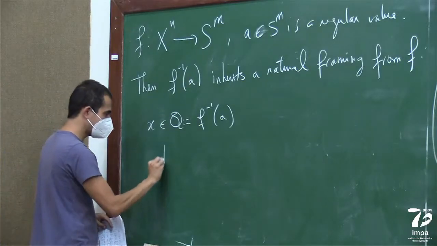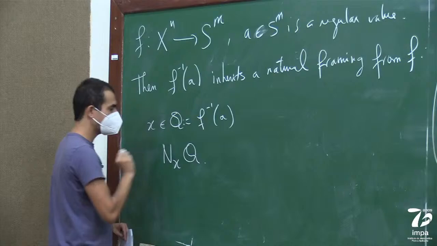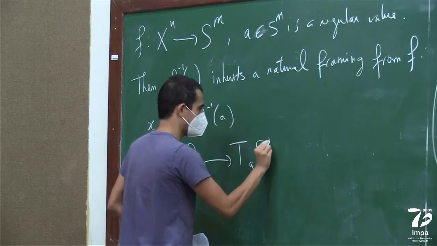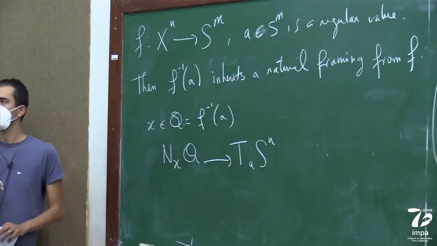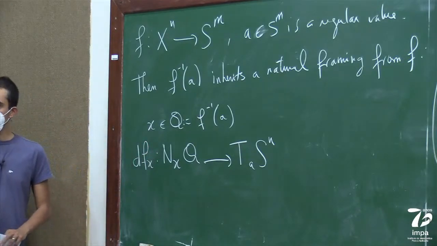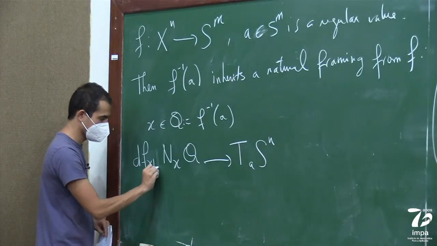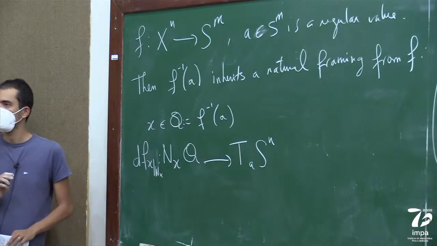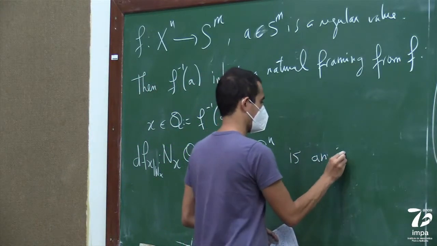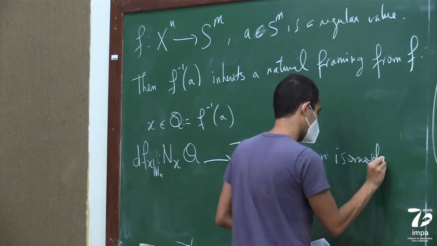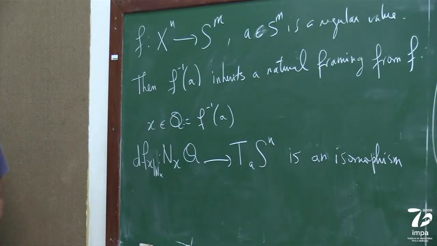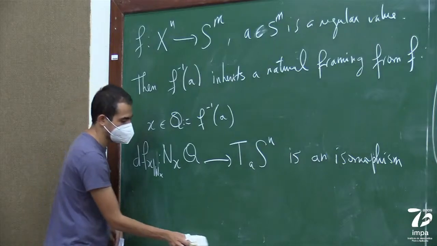What I want to say is that there is a natural identification of the normal space with the tangent space of S^m at A. And that's just given by the derivative of F. So the derivative of F, when I restrict to the normal bundle, is an isomorphism, because A is a regular value.